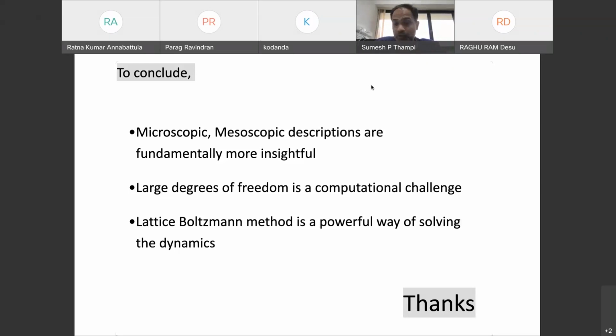But Lattice Boltzmann is a method which is extremely amenable to parallelization, because all the operations are very much local, and therefore you can parallelize it very easily. If you do that efficiently, you can save quite a lot of time. That's one of the advantages of Lattice Boltzmann.